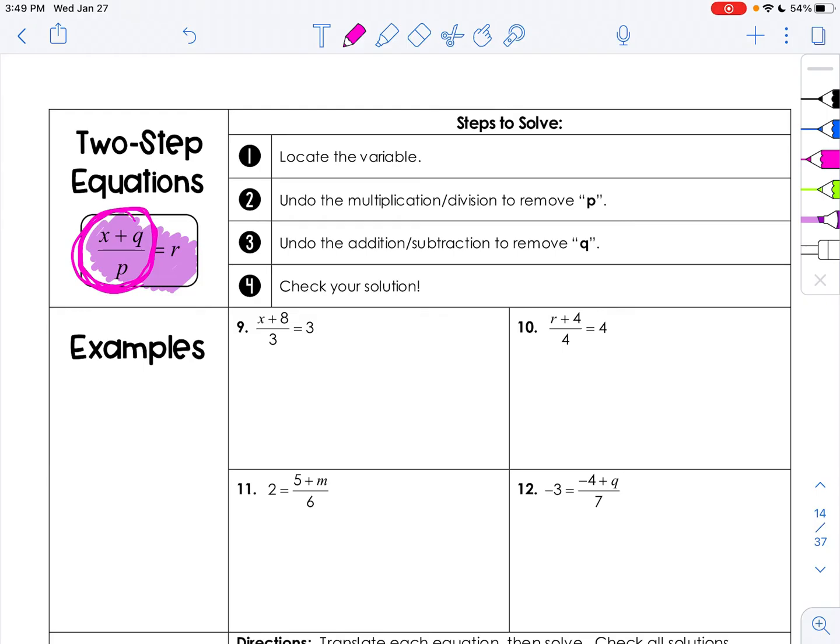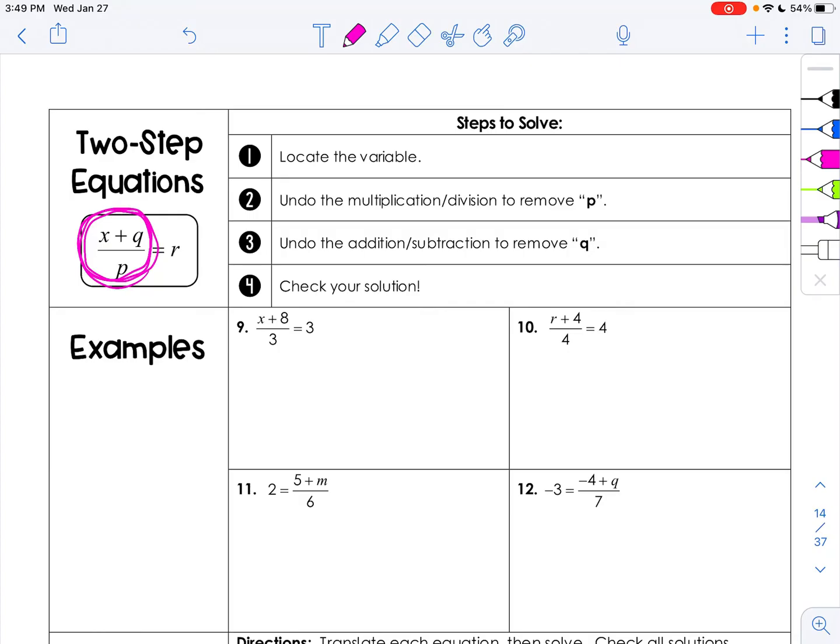In the previous examples, you only had your variable being divided by. So the way that these are different is if your whole left side or your whole right side is being divided by, you want to get rid of that division first.